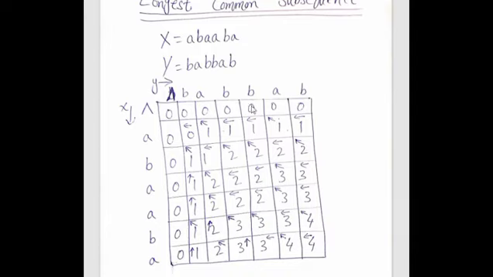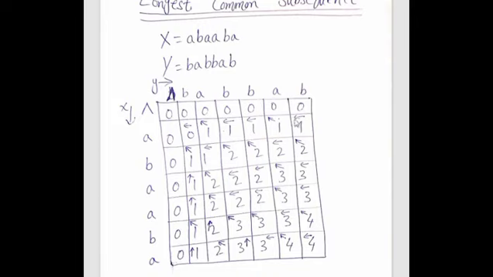We write 1 here and point it towards the diagonal, just to indicate that we are getting this value from the diagonal. Again compare with the next column, A with B. They do not match, so go one row back, one column back and take the maximum. The maximum is 1, so write 1 here and point it to the left.